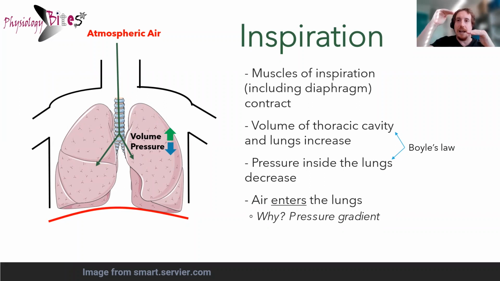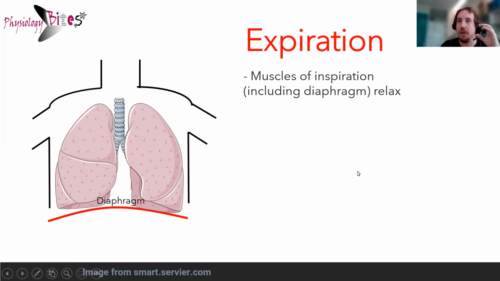And this causes air to move into your lungs until these two equilibrate, which is what happens when you finish your breath in. So air comes in because we decrease the pressure, and we're able to change that pressure by increasing the volume.